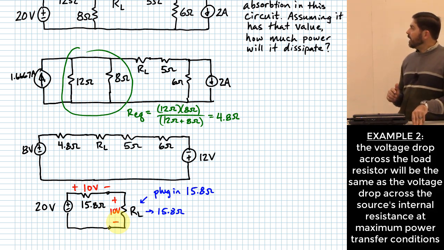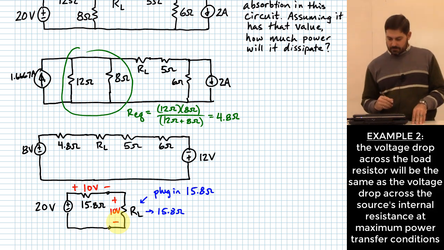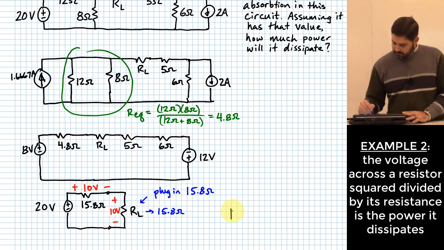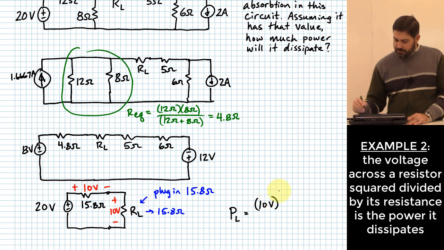So, how much power gets delivered to RL? 10 volts squared, this is V squared over R. 10 volts squared over 15.8 ohms.